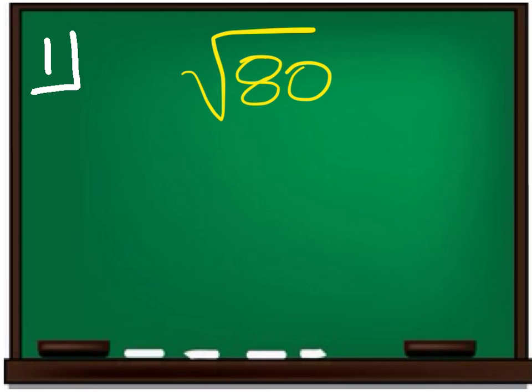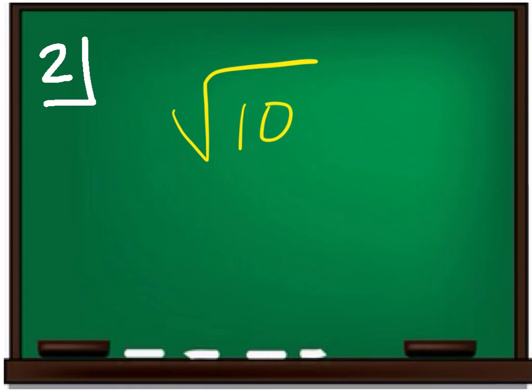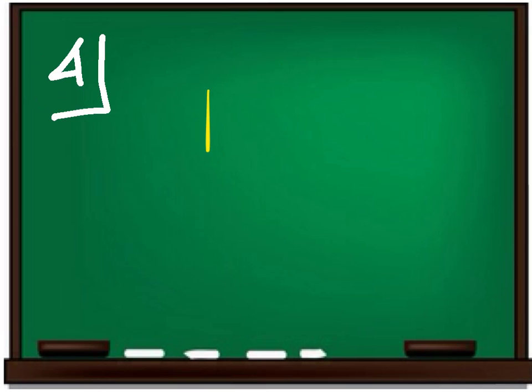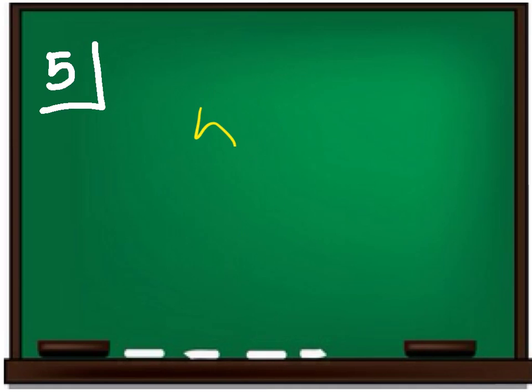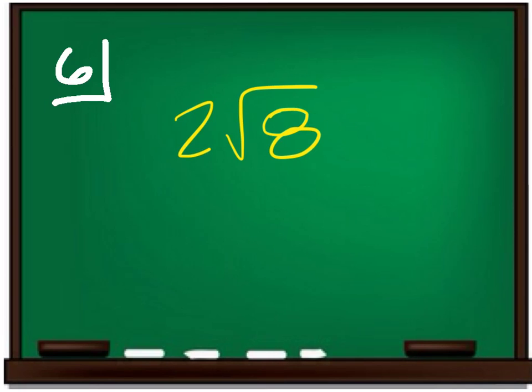Flashcards. Say the answer out loud when you think you know it. 4 square root of 5. 10. 11. 16. 25. 4 square root of 2.